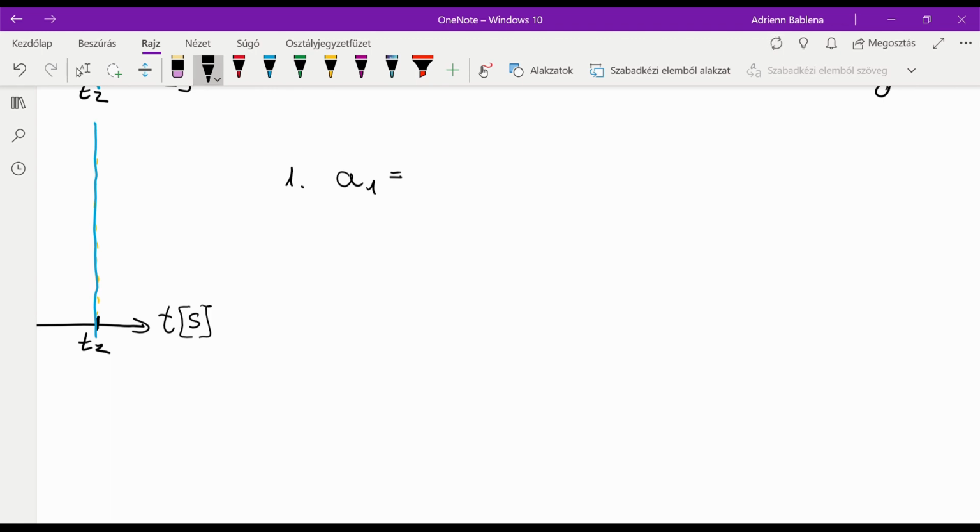And we wrote our function a1 over t1 times t1 minus t0, but t0 is 0, so we can write only t1. As you can see, this means that a1 times t1 equals a1 times t1, so it's not really useful. So we can't use the first equation.